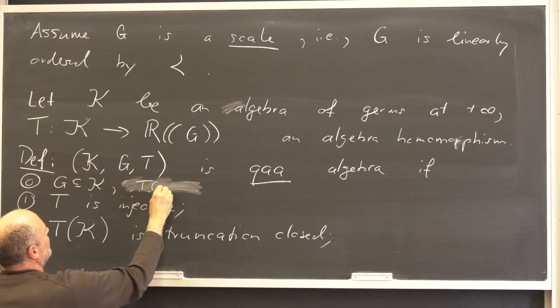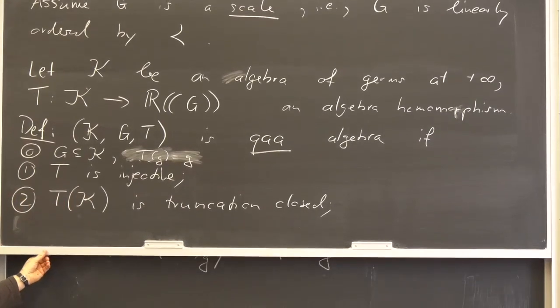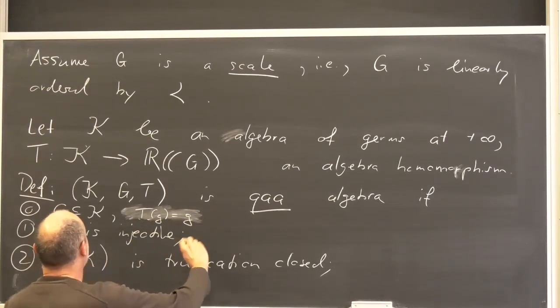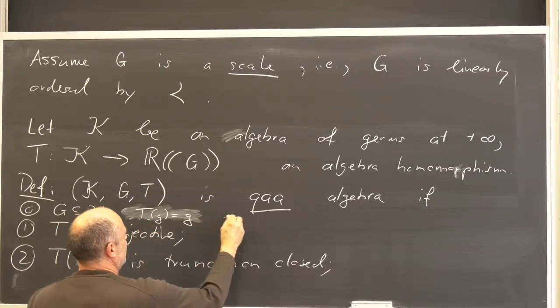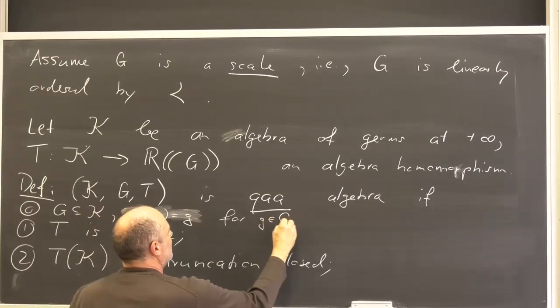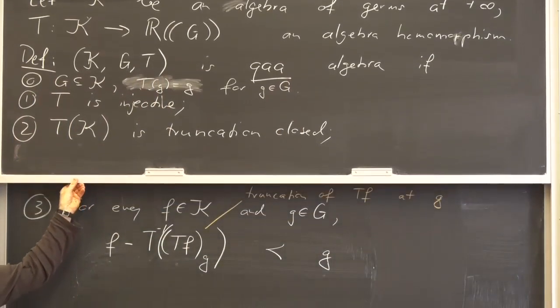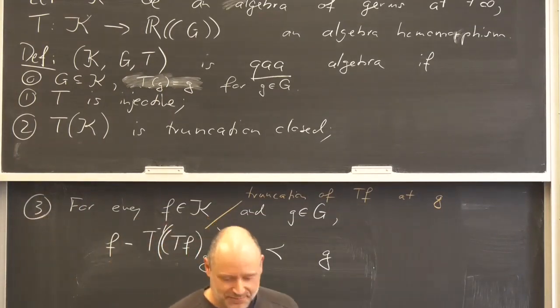You want K to live inside R of G? Yes, the monomials are actually germs in this setup, so I want T to map the germs to themselves. That makes sense.